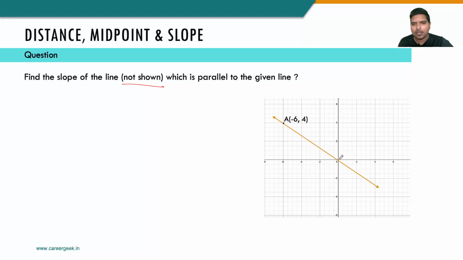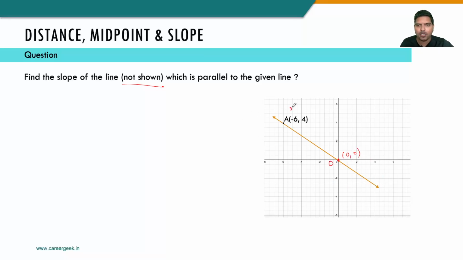As you can see, this is passing through the origin, so they have given it deliberately. When one point is given, there is definitely some hidden point where you can get, by looking at the figure or with some conditions.